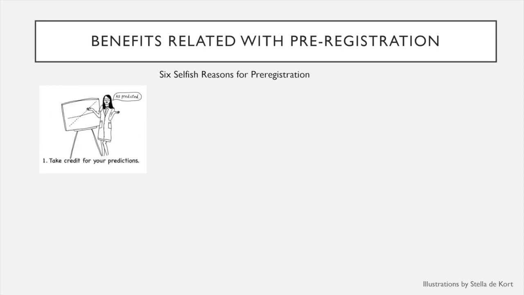So the first benefit is the possibility to take credit for your predictions. As Leif Nelson, professor at Berkeley, wrote, in a world of transparent reporting, I choose pre-registration as a way to selfishly show off that I predicted the outcome of my study. So this possibility of, okay, I did it, here it is.